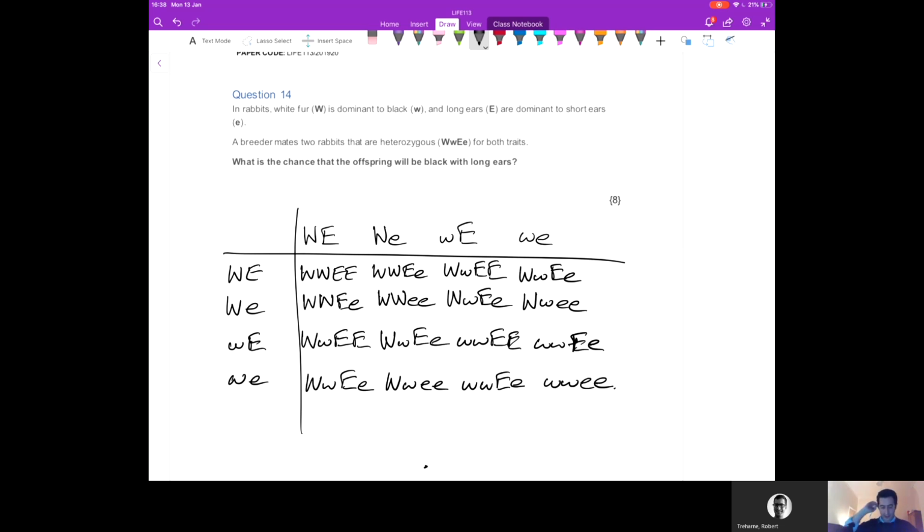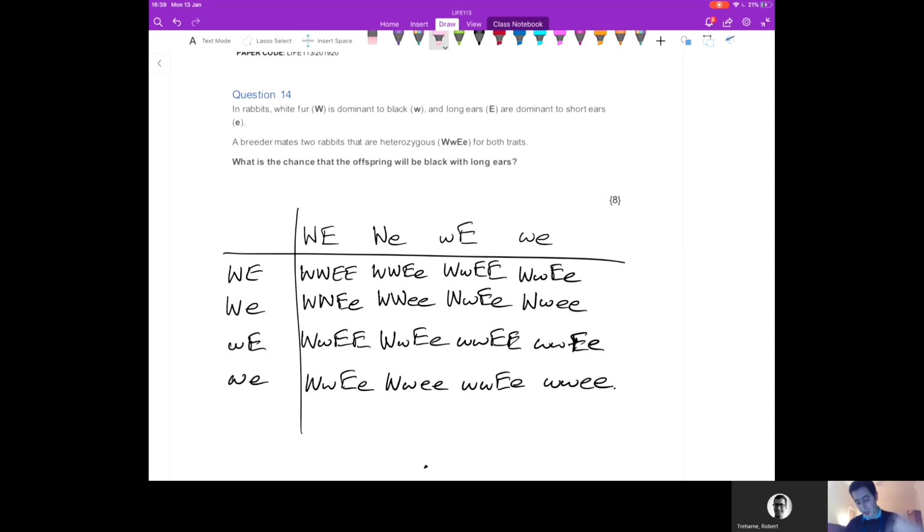Right, so the question is, what is the chance that the offspring will be black with long ears? So for them to be black, they have to be fully recessive. Okay, so they need a lowercase w for the color phenotype. So how many of those do I have?